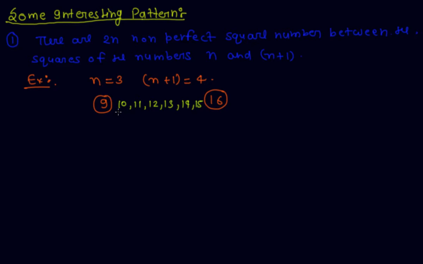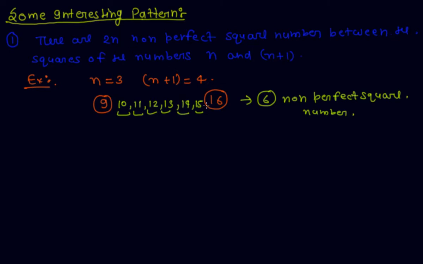So this is 1, 2, 3, 4, 5 and 6. So I find 6 non-perfect square numbers between two perfect square numbers.